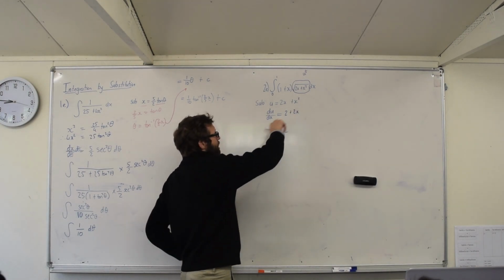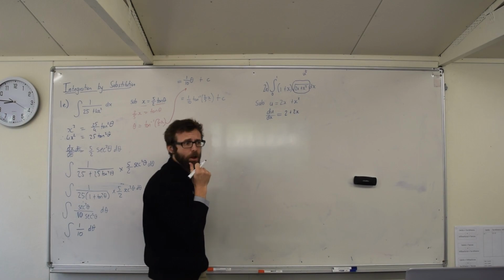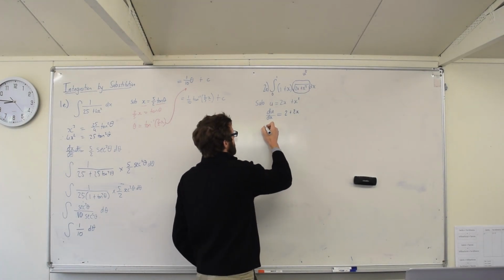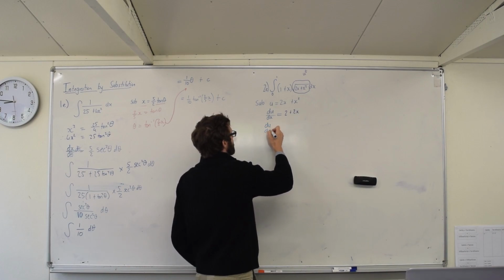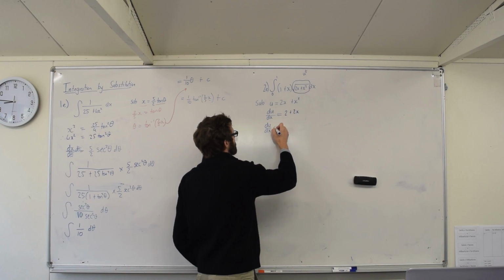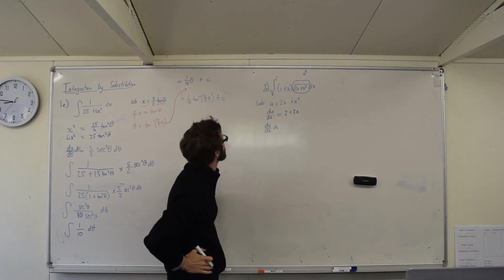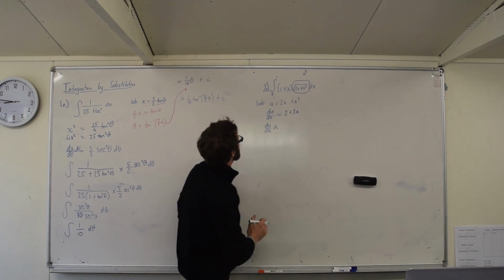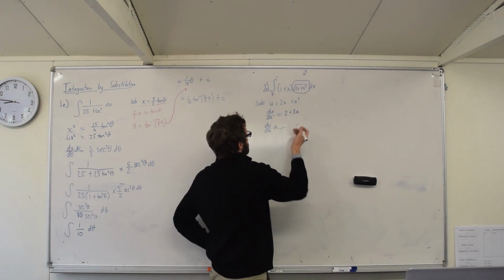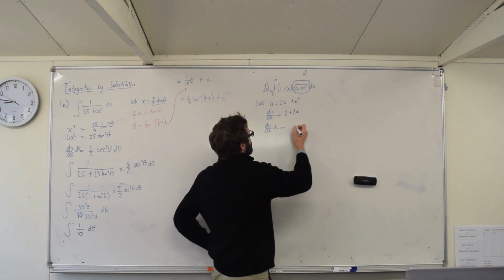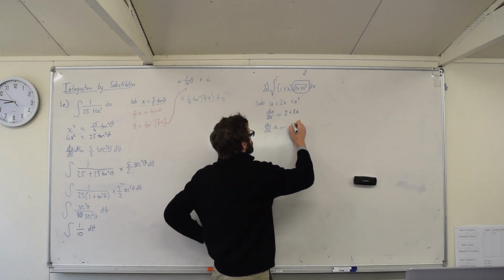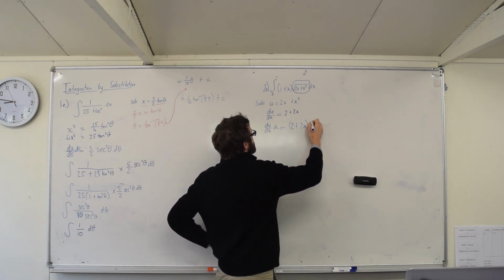So we kind of want to get it, maybe we can use this to get a dx and that at the same time. So maybe if we go du dx times dx, just thinking about this, equals, let's do that, equals 2 plus 2x dx.